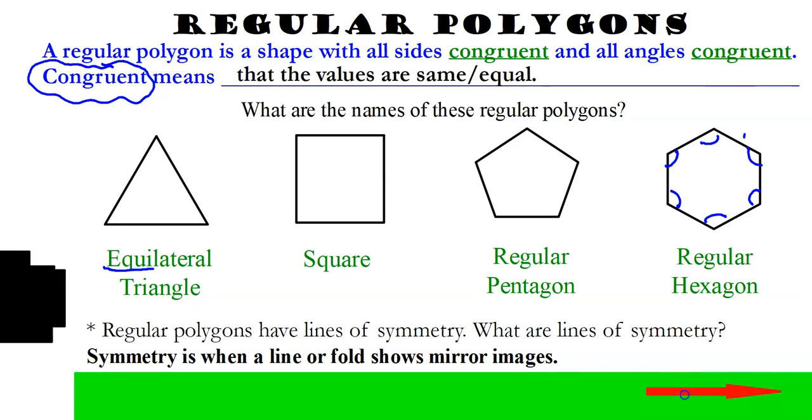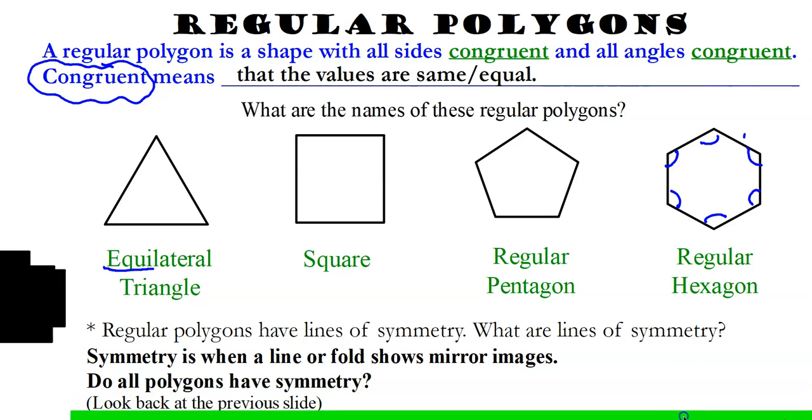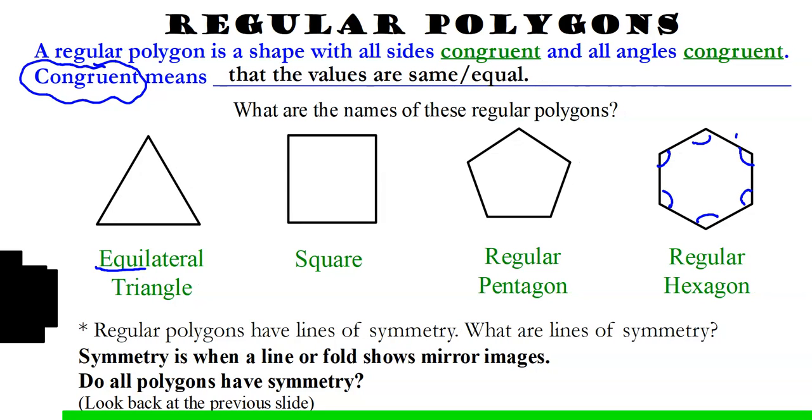So my question to you is, do all polygons have symmetry? So if I create a line down this pentagon, and if I put it right in the middle, notice that when I look at the left side and the right side, they are mirror images of each other.